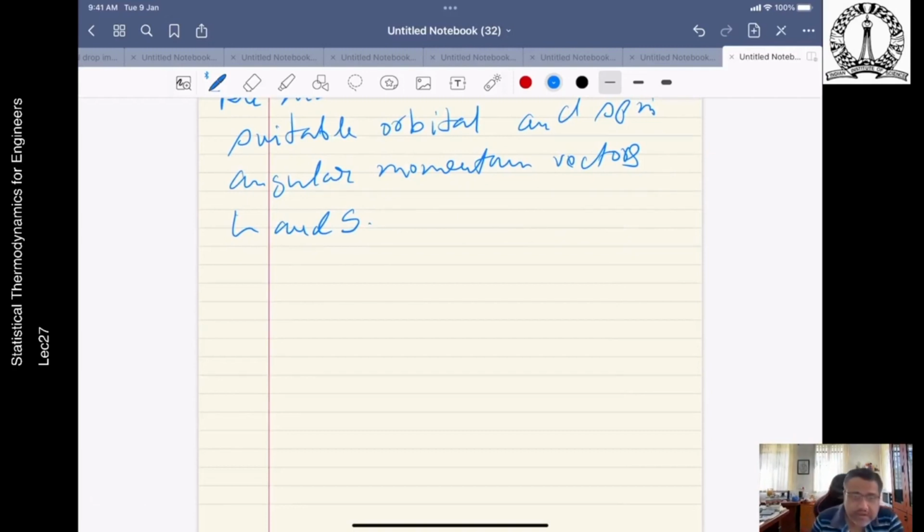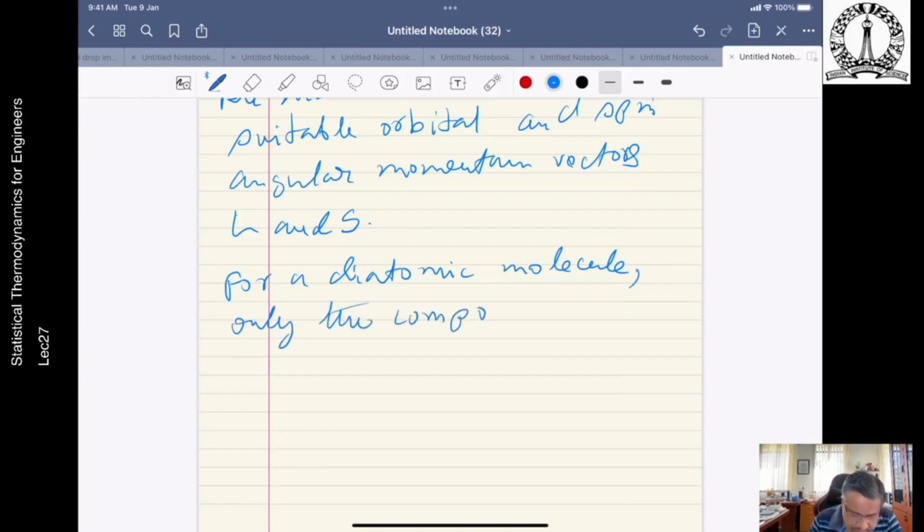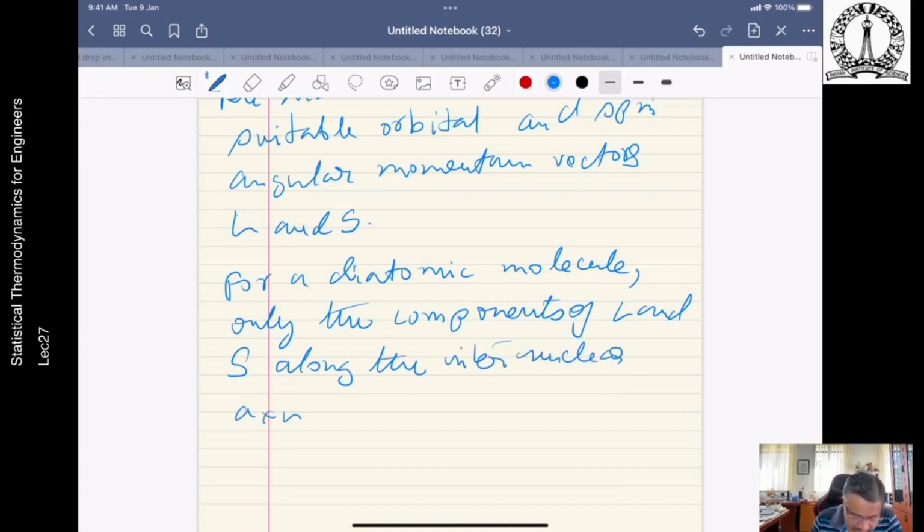However, for a diatomic molecule, only the components of L and S along the internuclear axis undergo quantization.